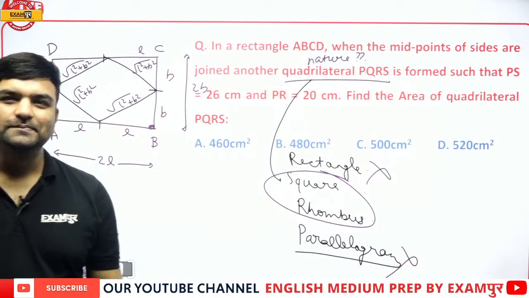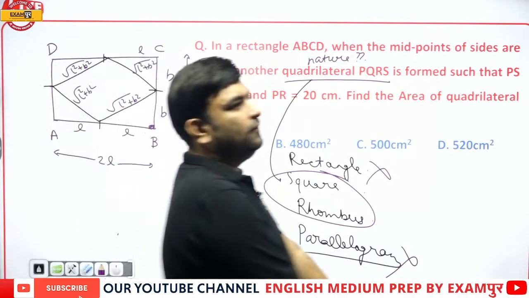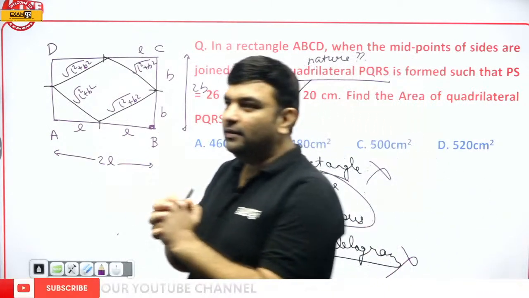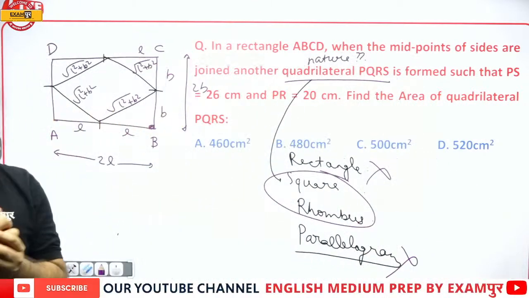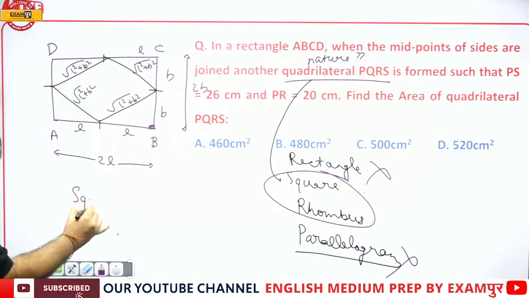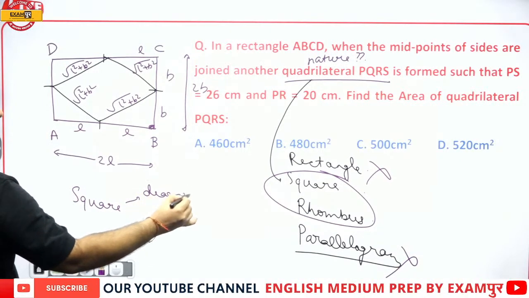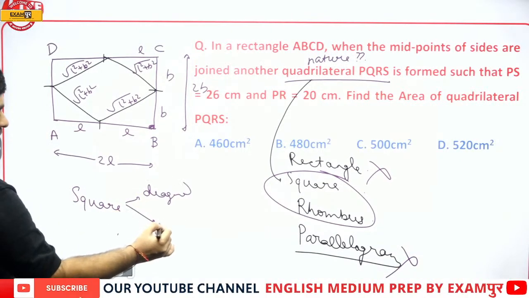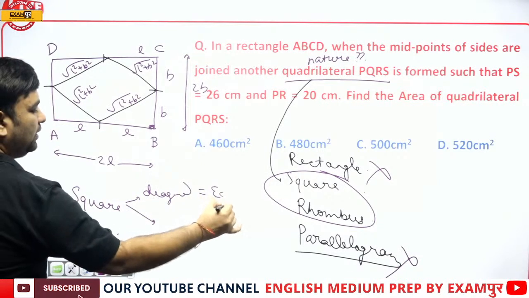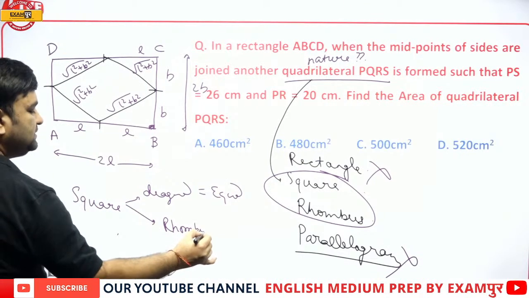For a square, diagonals are equal, and for a rhombus, they are different.